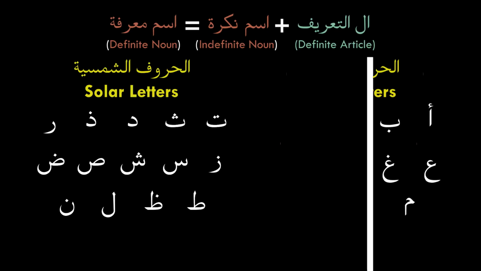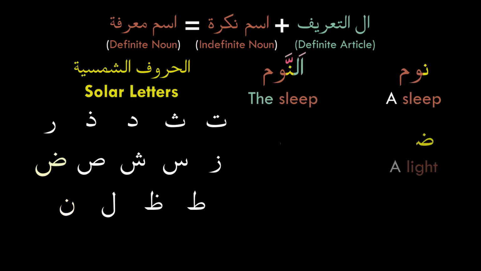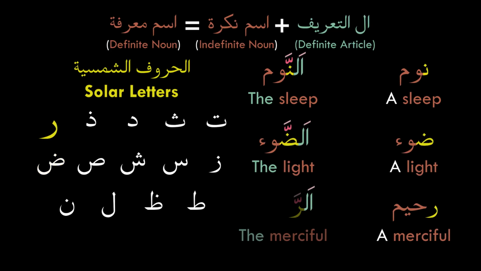Let's try with the solar letters. Naum, an-naum. Daw, ad-daw. Rahim, ar-rahim. Here, we only pronounce the first letter of al, that is, alif, and we skip the lam to pronounce directly the solar letter.